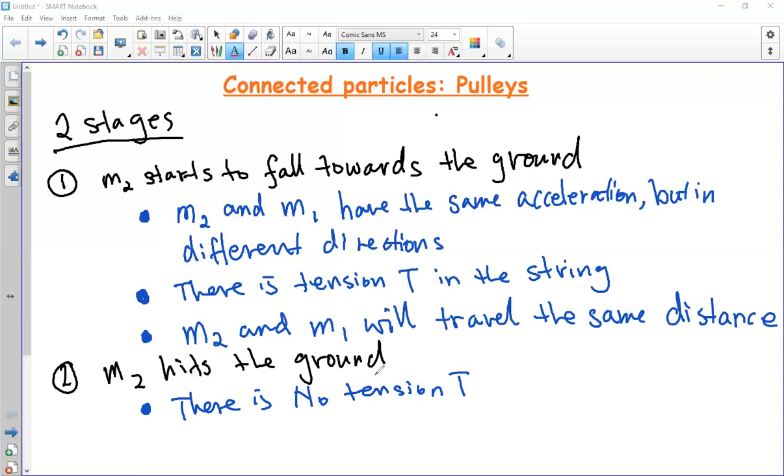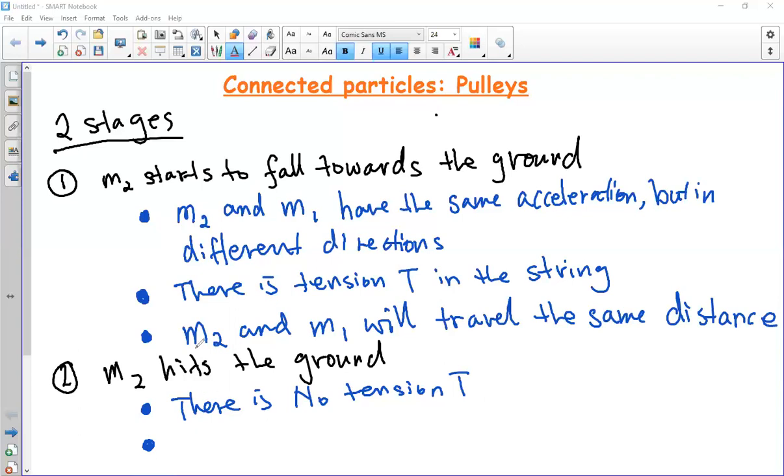Now, second point: although M2 is not pulling anymore, M1 will still travel for another distance, because at the point when M2 hits the ground, M1 was still traveling with a certain speed or velocity. That would become M1's initial velocity. After a certain time, M1 will travel a further distance until its velocity reaches 0, and then it will stop.